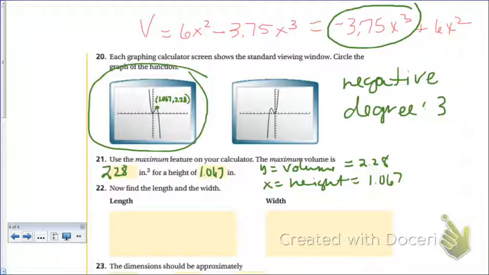And then we can also use that to find our length and width if we wanted to, because the length is 1.5 times x, so we just substitute the 1.067 in for x.